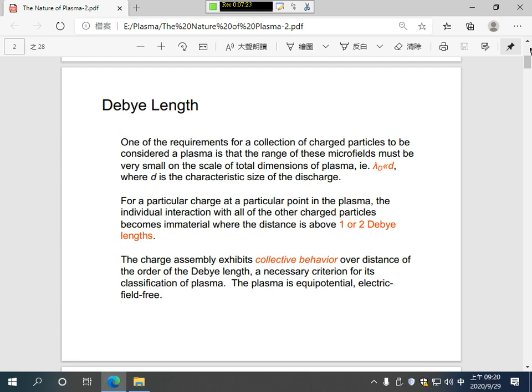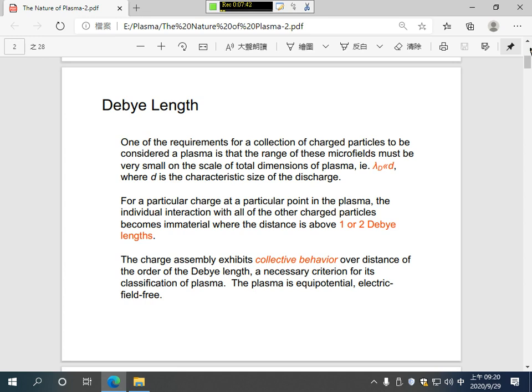Okay. So if the scale is large enough, where D is the dimension of our plasma system and is much larger than the Debye length, we can just look at the collective phenomena of plasma.